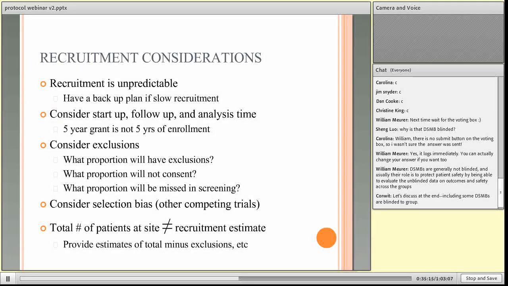Okay, so that's all I'm going to say about eligibility. Let's talk a little bit about how eligibility then blends into recruitment. So recruitment considerations are probably one of the most important things that you will think about as you start to develop these protocols and think about how to be successful in executing them. So hopefully all of you recognize that recruitment is profoundly unpredictable.